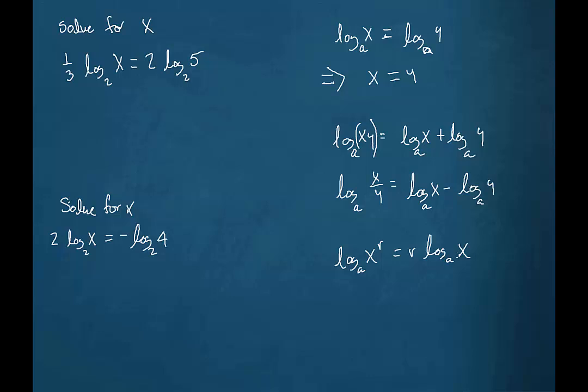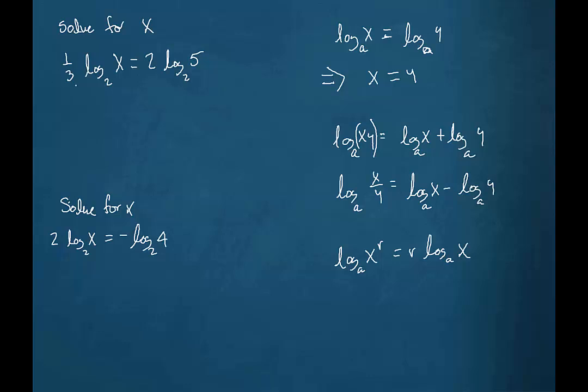Now let's see if we can use some of these properties to solve for x here. I realize that I have 2 in the base in both of these log expressions on either side of the equal sign, but the problem is I don't quite have this situation here where I have a log equal to a log.